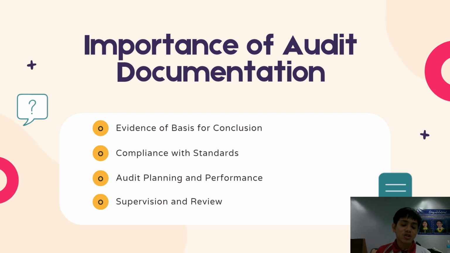Proper documentation ensures that the audit was systematically planned and properly executed, helping auditors maintain organization and efficiency during the audit process. Always note that the purpose of audit planning, creating an overall audit strategy and audit plan, is for the effectiveness and efficiency of the audit.